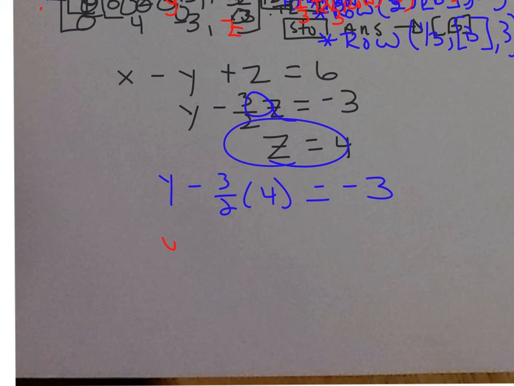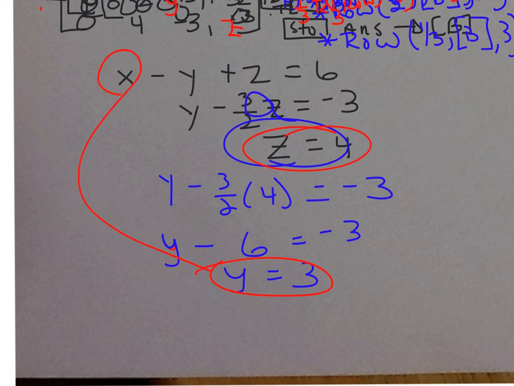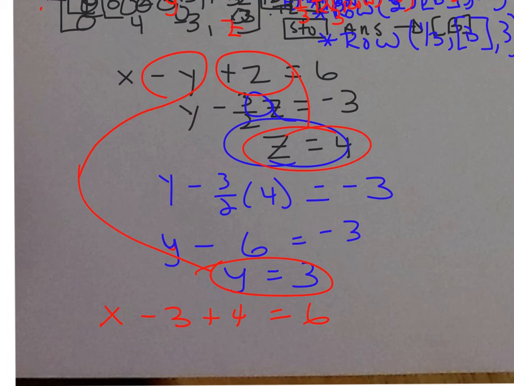So I have y minus 6 is equal to negative 3. Add 6, y is equal to 3. And now you're going to take your y, your z, plug it in up here. Sorry, plug it in for your y and your z here. So it's x minus 3 plus 4 is equal to 6.